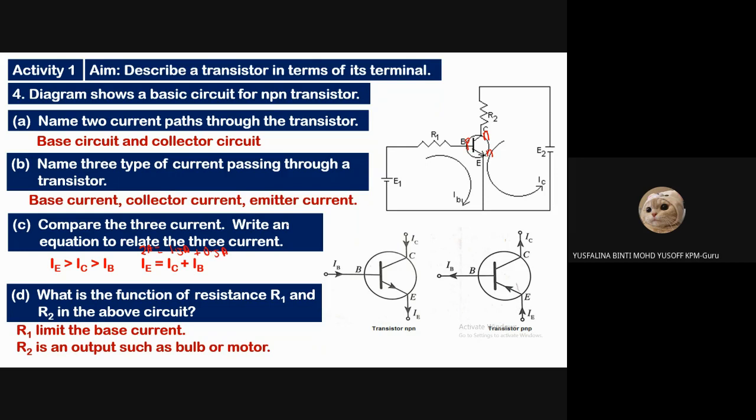So if you calculate it, it's the same, right? These two, the current at base and the current at collector, when you add them together, you will get the same amount of current that flows at IE. Okay.